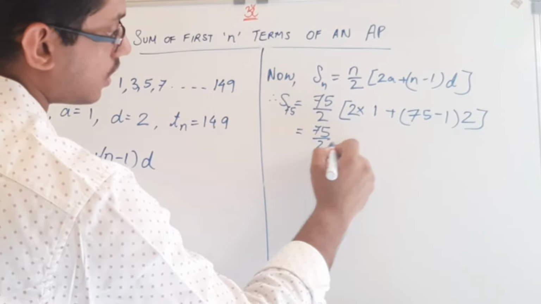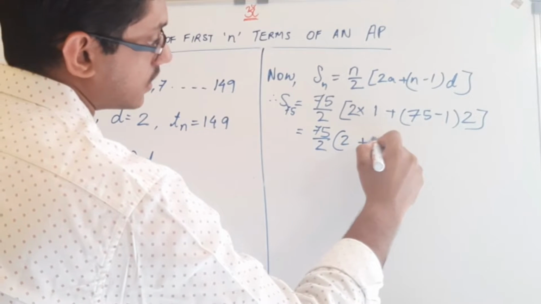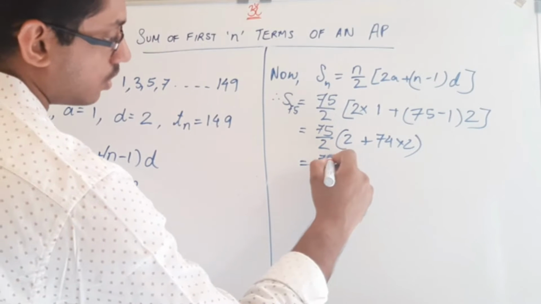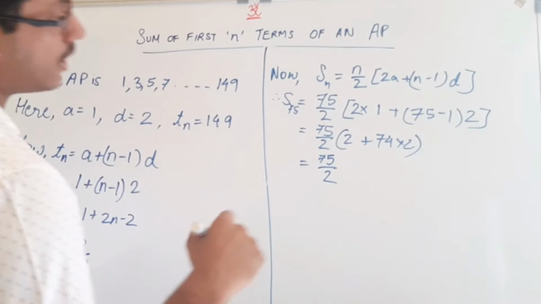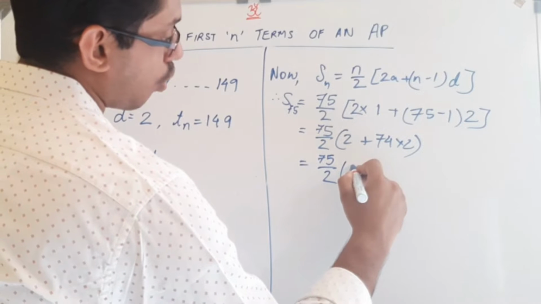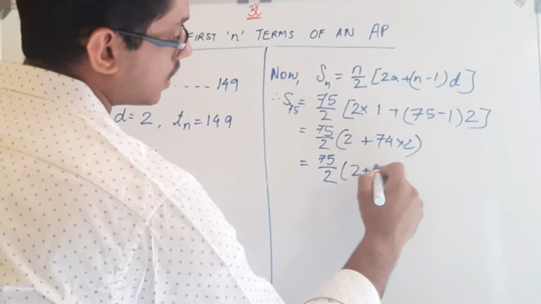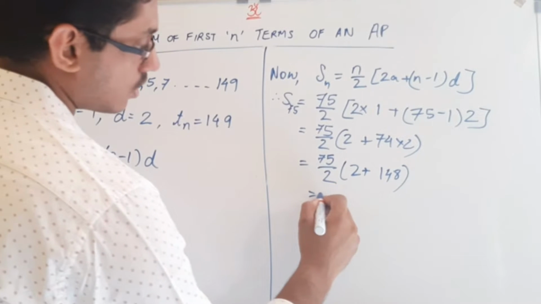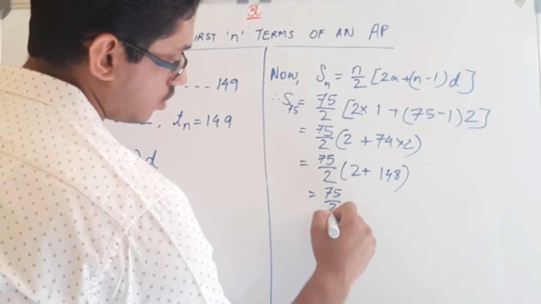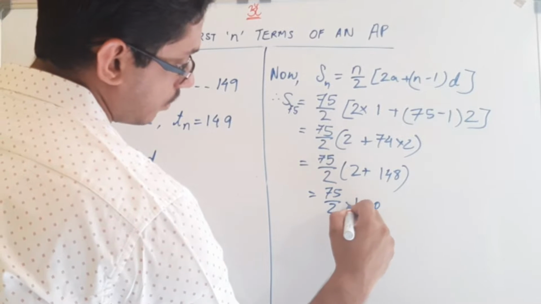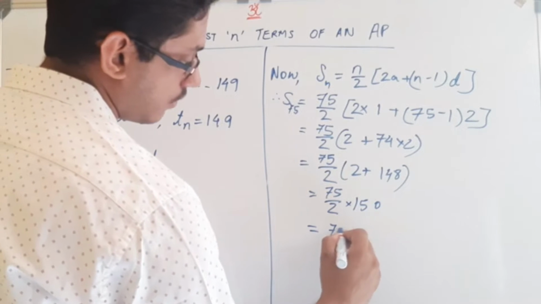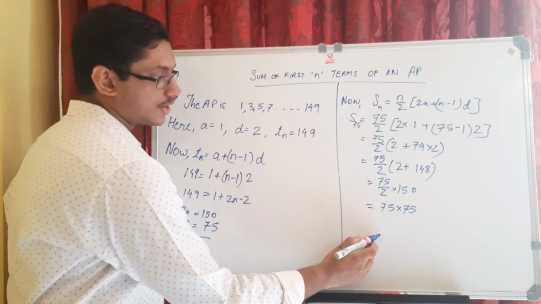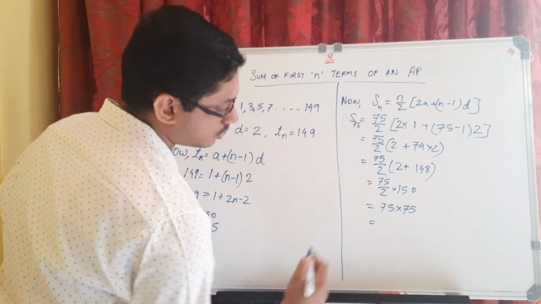Okay, so now keep on solving. 75 by 2, 2 plus 74 multiplied by 2, which is 2 plus 148, is equals to 75 by 2 multiplied by 150, which is 75 multiplied by 75. 75 into 75 is equals to, what is the answer?